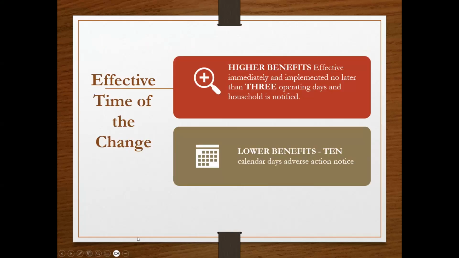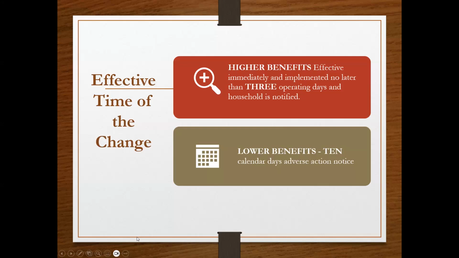We talked a couple of slides back about the effective time of change. If there's going to be an increase in benefits, then you want to send the letter immediately. It's effective immediately and implement it no later than 3 operating days. If you're going to take them from, let's say, free to reduced, that means you're lowering the benefit, then you want to give them 10 calendar days so that they have time to prepare to send money in.